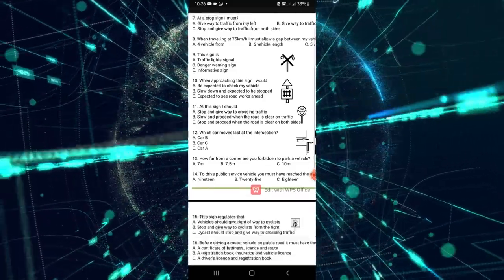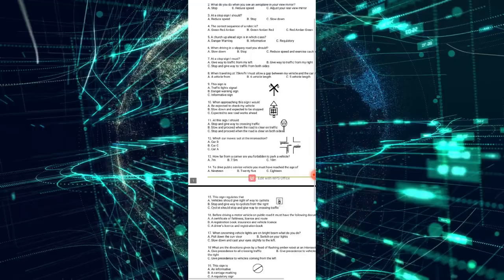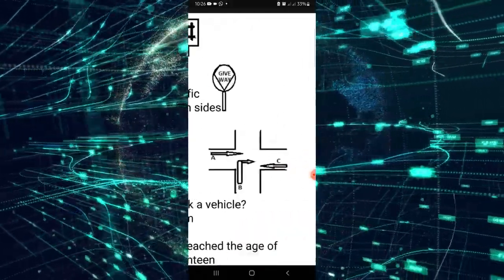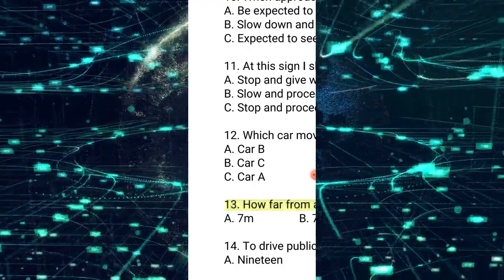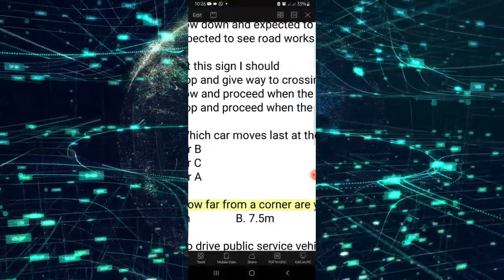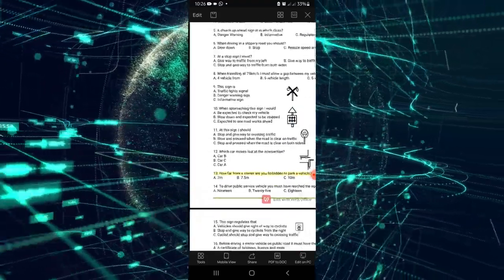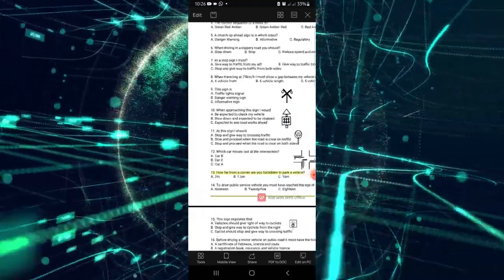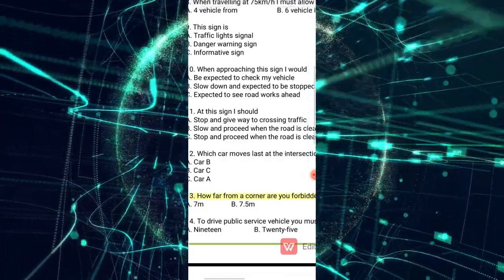Number 12, which car moves last at the intersection? Now let's look at the diagram closely. Let's zoom into the diagram. The question is asking which car moves last at the intersection.